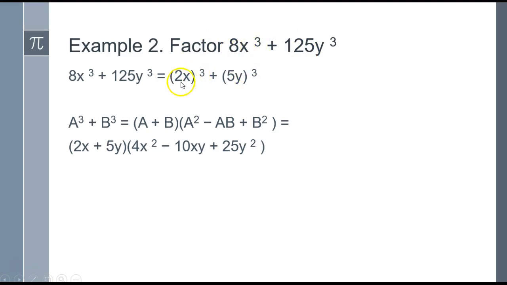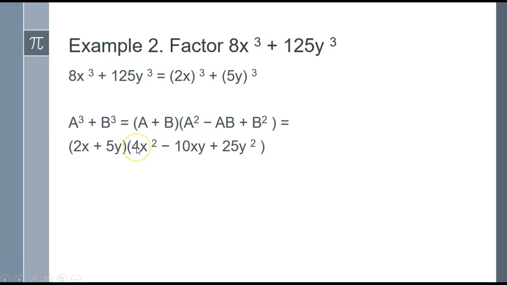So I get a is 2x and b is 5y when I write my problem in this form here. And then I'm going to replace all the a's with 2x. Now when I square a, I have to be careful to also square the 2. And when I square b, I have to be careful to also square the 5, not just the y. And you see that down here.